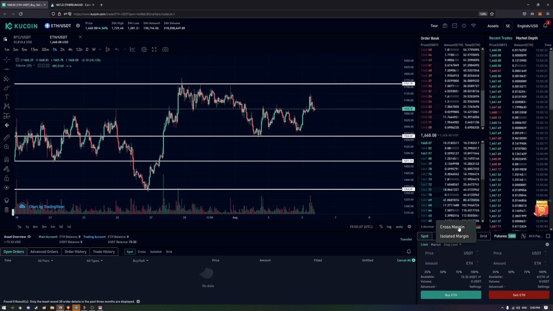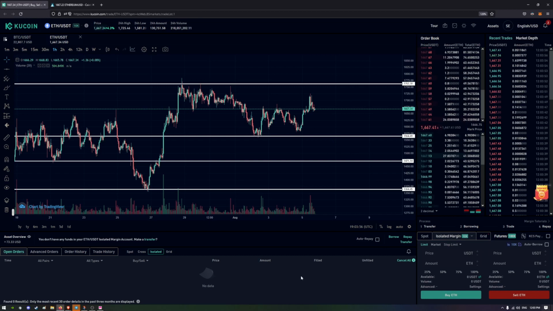So if you want to buy or short more than just Ethereum, you can do that in the cross margin wallet. You'd have access to a bunch of different coins using the same leveraged amount that you've borrowed. If you go to isolated margin, you're only trading the coin that you've selected. So isolated margin for Ethereum means that you can only trade ETH USDT on isolated margin. So we're going to click that for now.